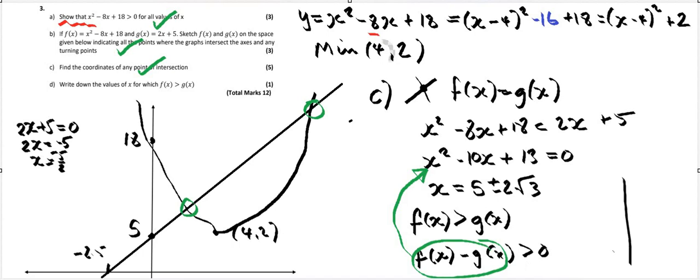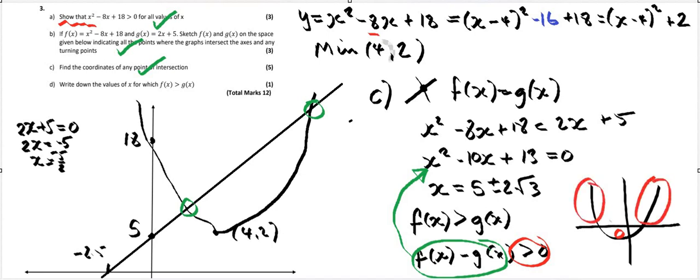If I've got a quadratic and I want it greater than 0, this is now 0. So where's it greater than 0? It's greater than 0 in the tails. So x is not sandwiched.